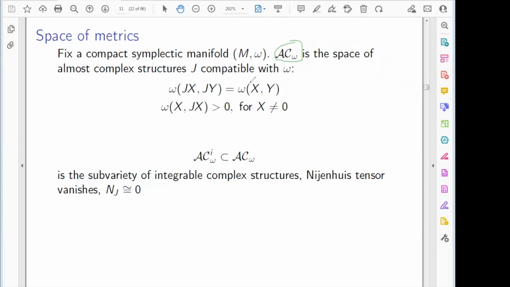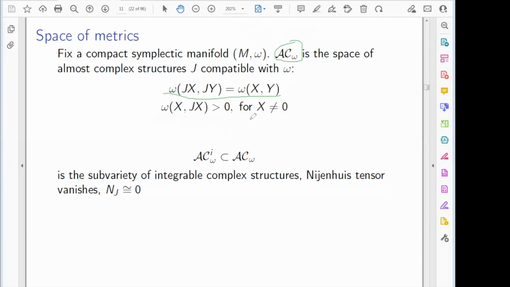So you consider the space of almost complex structures which are compatible with the symplectic form.